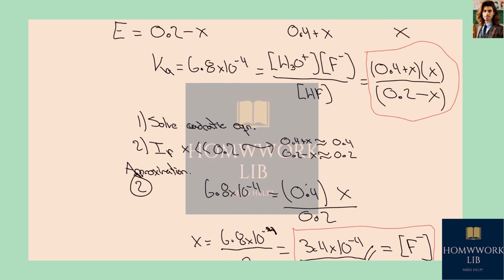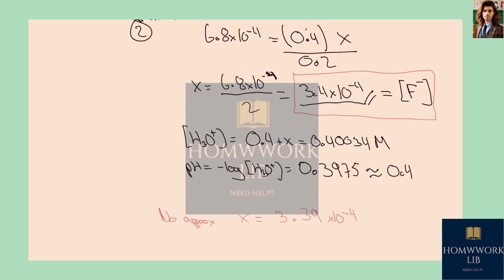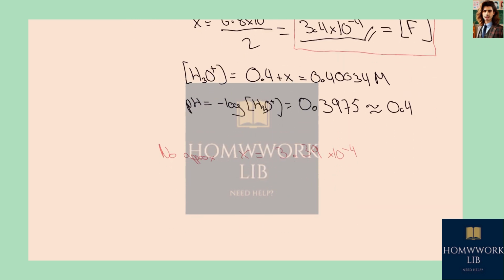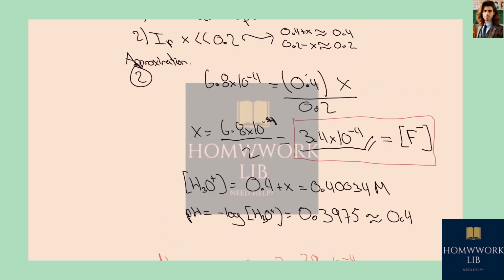So the result without approximation, solving the full quadratic equation, we find x equals 3.39 times 10 to the minus 4. So the result is essentially the same. The value for x is correct enough with 3.4 times 10 to the minus 4. So the approximation works. And that would be all.